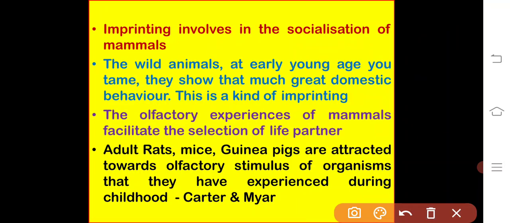Furthermore, adult rats, mice, and guinea pigs are attracted towards the olfactory stimulus of organisms that they have experienced during childhood. This is also proven by Carter and Meyer, who stated that adult rats, mice, and guinea pigs are attracted towards the olfactory stimulus of organisms that they have experienced during their childhood stage.